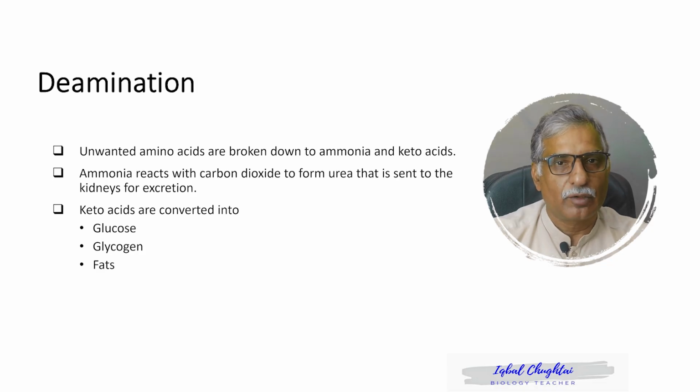Urea is less toxic than ammonia, can be retained in the body for some time, and it needs less water to be excreted. So urea is produced by the liver during the deamination process and is later carried to the kidney, where it is filtered out and excreted out of the body as a component of urine.